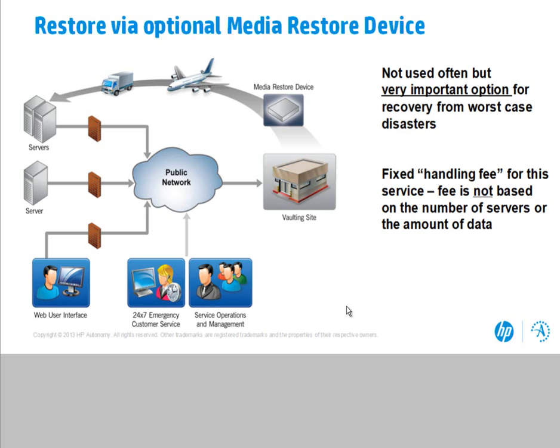We keep these media restore devices at our data centers, and when you make a restore request, you can say, put the data on a media restore device, give us a shipping address, and as soon as the data is loaded up, we will overnight ship it wherever you tell us to, maybe to a DR site or to a different location. The fee for this is a fixed handling fee. It doesn't depend on the amount of data or the number of servers involved.